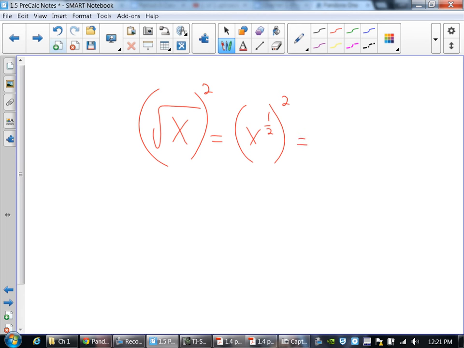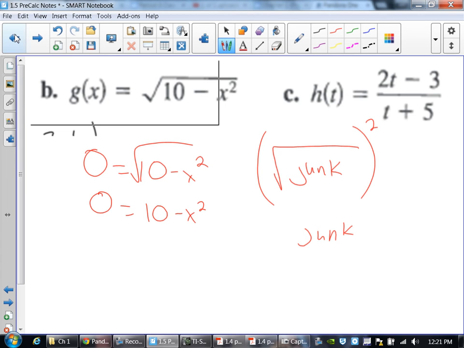That's why this works. And it doesn't matter that you had all this other stuff underneath here because it's all of this raised to the 1/2 power then squared. So it cancels itself out. The exponents go away. A square root is just a fancy exponent, is really all it is.